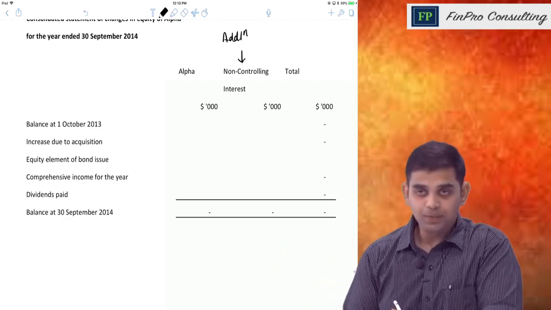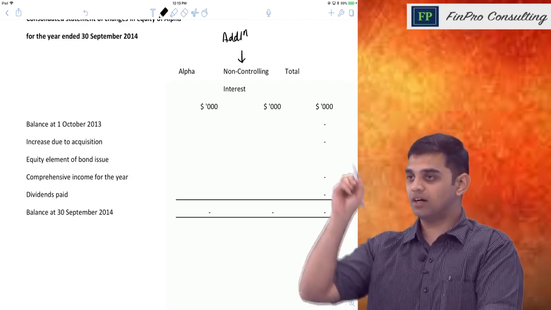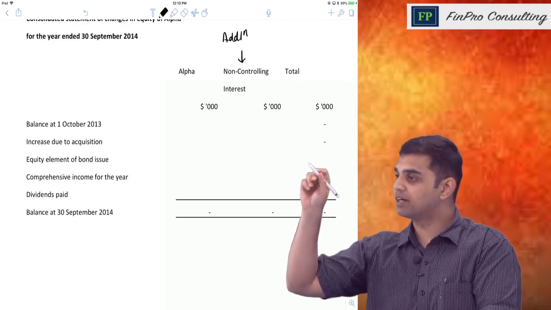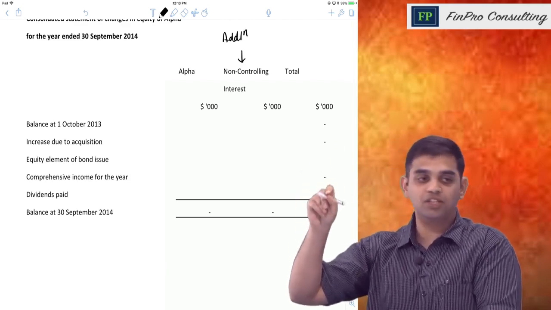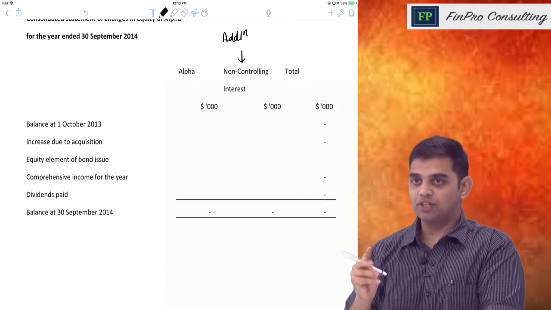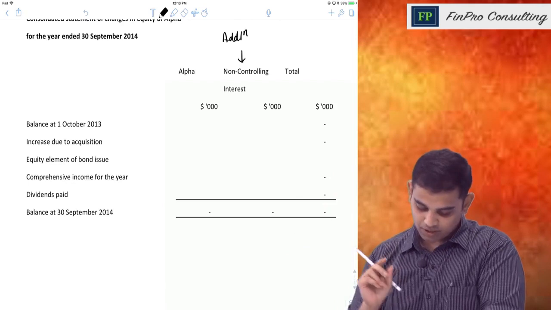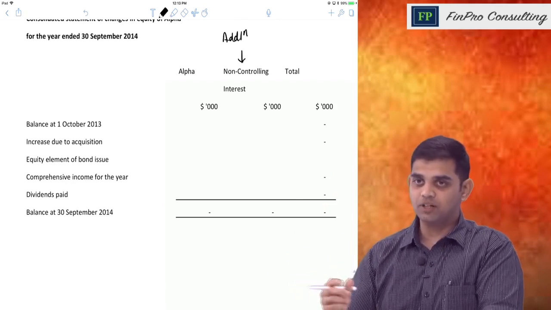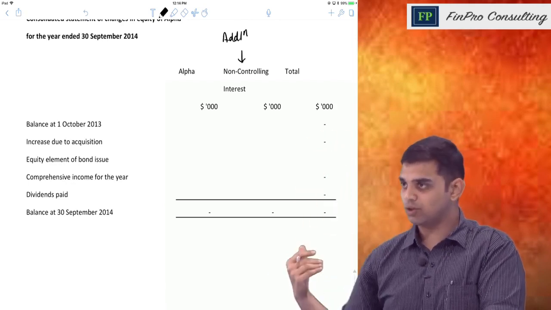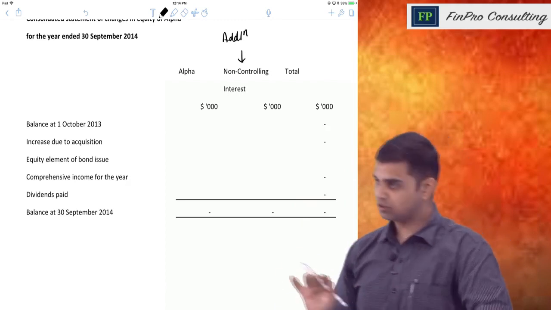So opening balance, then increase due to acquisition of non-controlling interest, which we will consider in the preparation of the statement of changes in equity. Then equity element of bond issue, because there is a convertible bond, so it will come in the statement of changes in equity. Then comprehensive income for the year, that is just the balance from the P&L and OCI, and dividends paid during the year, and closing balance. So this is the structure.